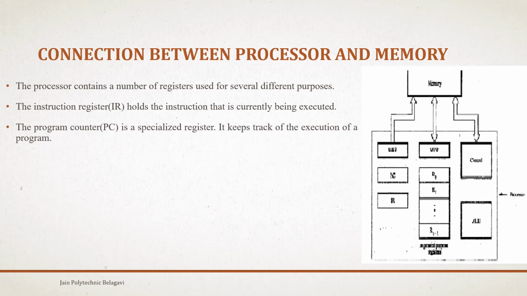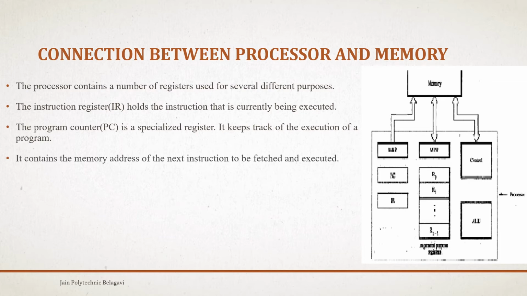The next component of the processor is the program counter. The program counter is also another specialized register. Its function is keeping track of the execution of the program. When a program starts, the program counter register will point to the address of the instruction which will be the next one to be executed.